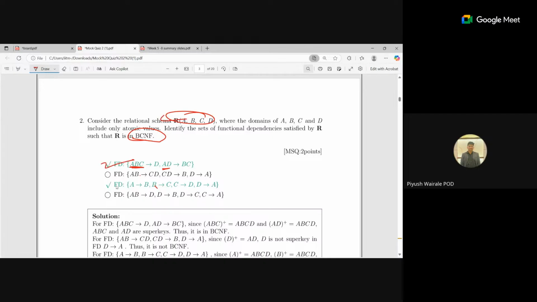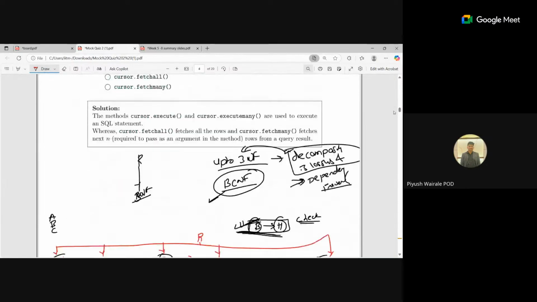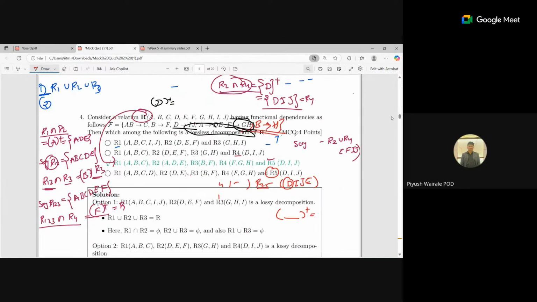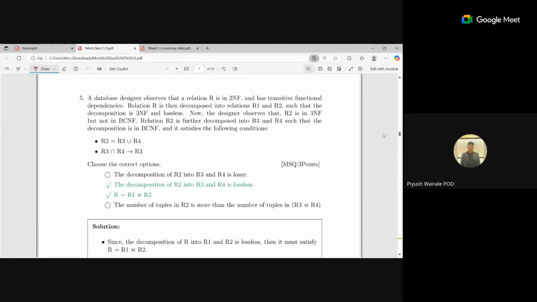So this is applicable. For this, AB is a key, can you check? A, B, C, D, yes. CD is a key, no. This is also no. So it violates the BCNF condition, right? Again, it is the same manner here. So a similar question you can solve. So here we solve all the questions from week 5, week 6.